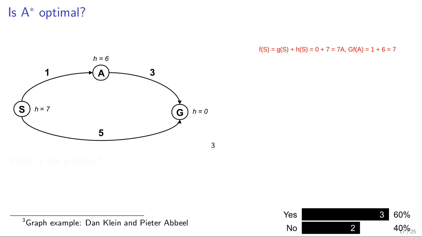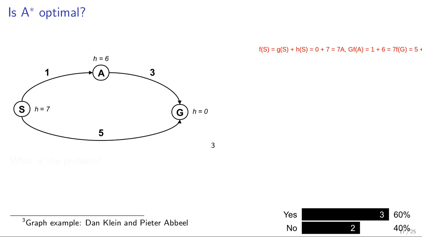Now for G, it's gonna be the backward cost, which is 5, plus the h in G, which is 0, which gives us 5.